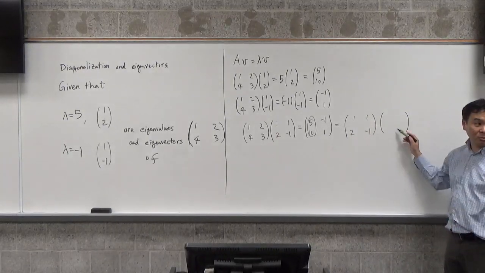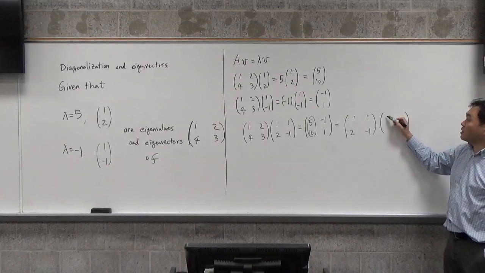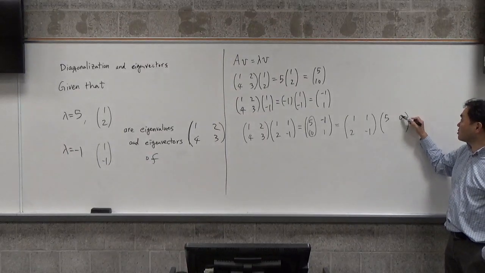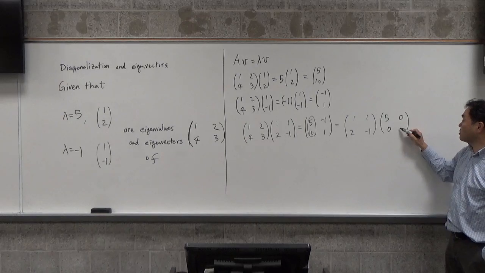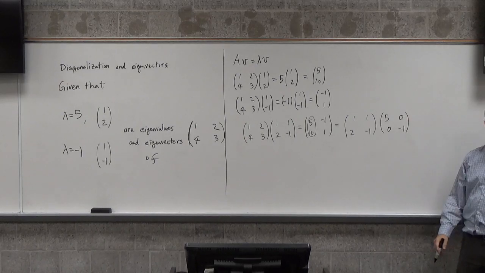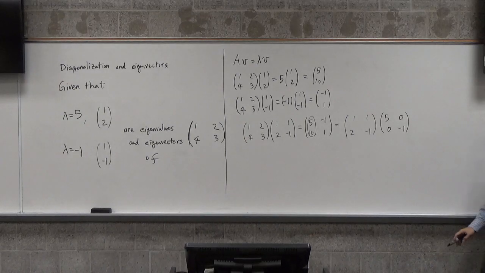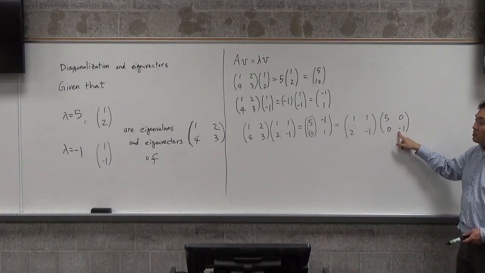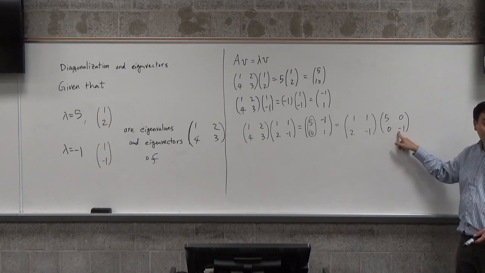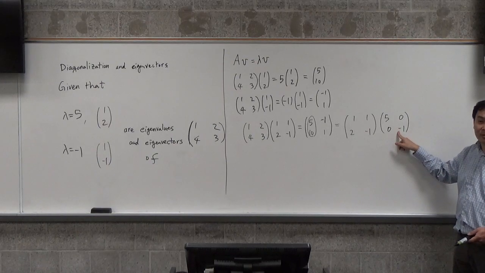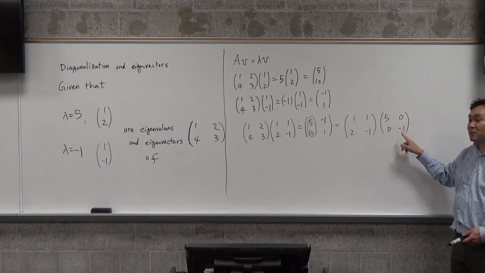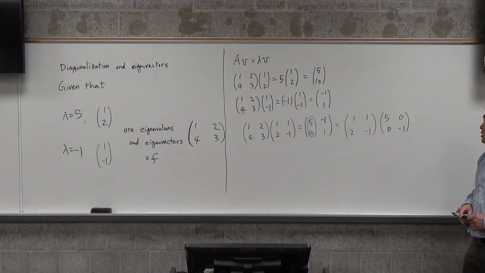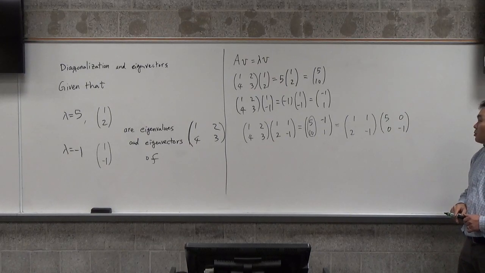And the numbers that you put here would be [[5, 0], [0, -1]]. And what you see is that 5 and negative 1 are indeed the eigenvalues. Do you agree? These are indeed eigenvalues. And then we're almost there.